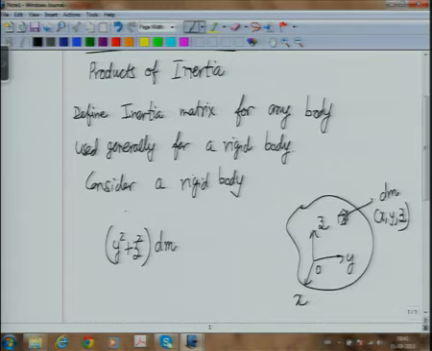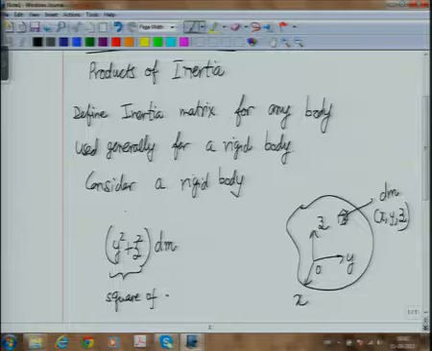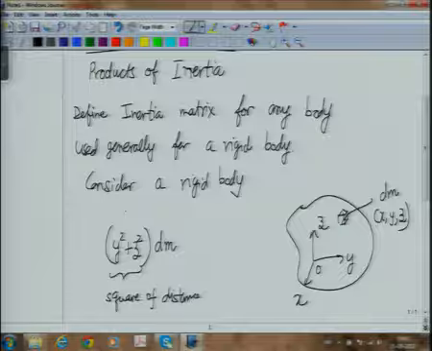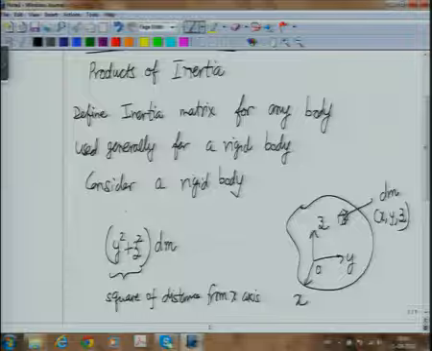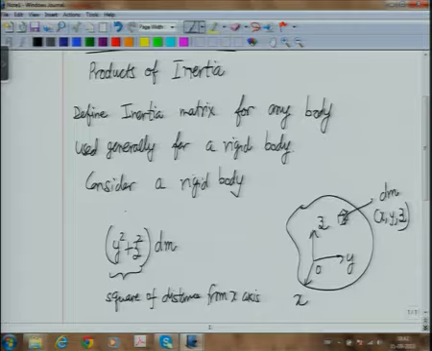So this is the square of distance from the x-axis. So I do this for dm, and now I add up all such quantities over the entire body. So I look at this mass dm, I do it, I look at the next one and the next one, and keep on doing this till I cover the entire body. So how will I represent that? That will be represented by an integral.